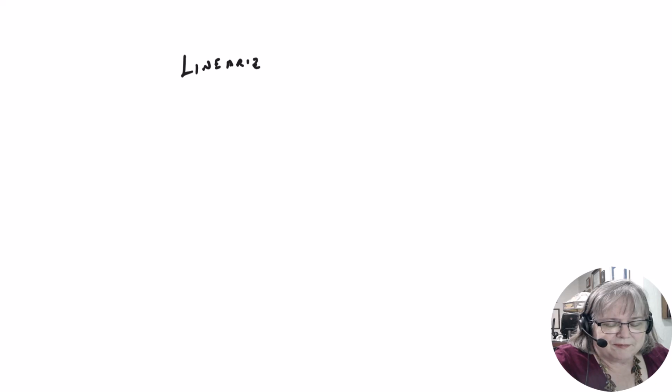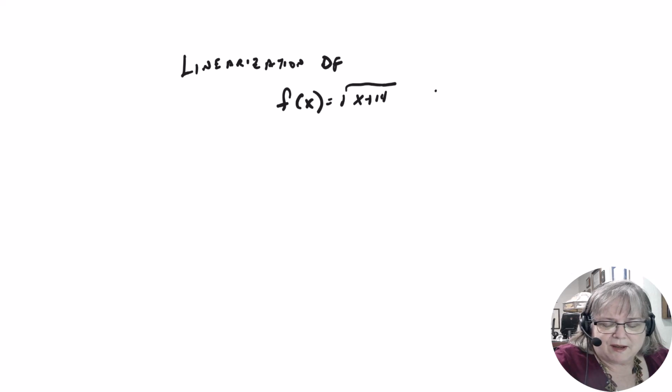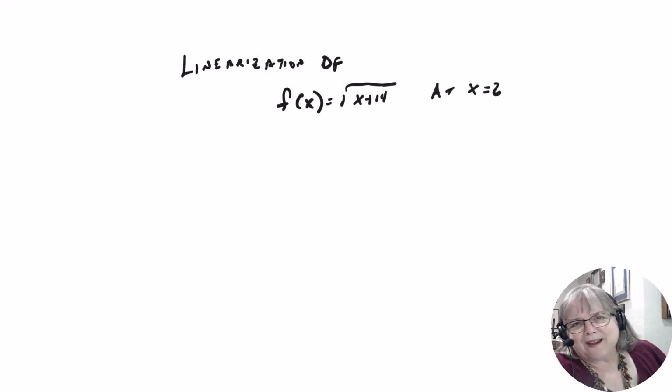All right. So the linearization of f of x equals the square root of x plus 14 at x equals 2. In effect, if x was 2, you're taking the square root of 16, which we know is 4.